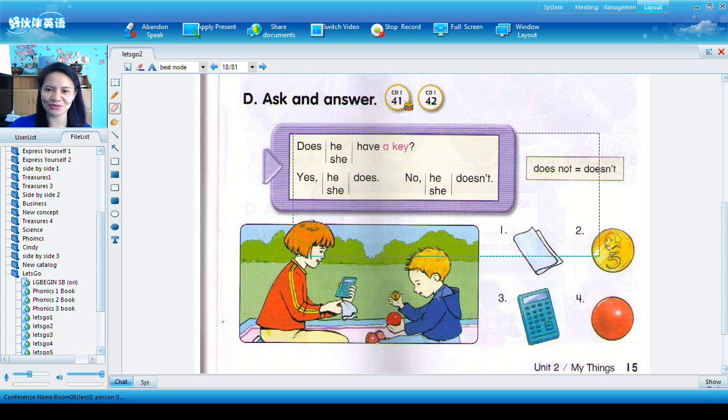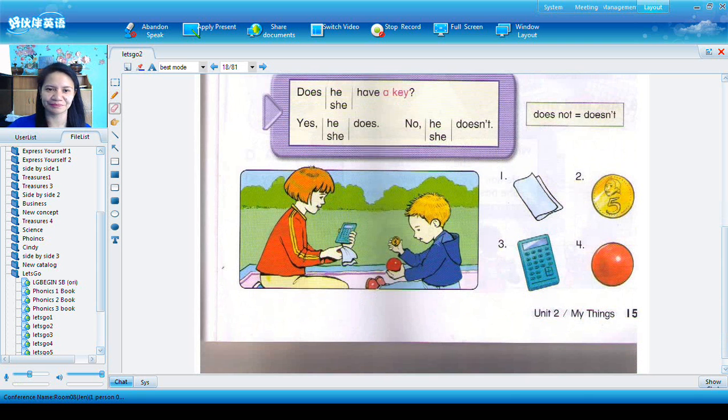Now let's answer the questions that we have here. Look at this girl. Does she have a tissue? Yes, she does. Does she have a calculator? Yes, she does.